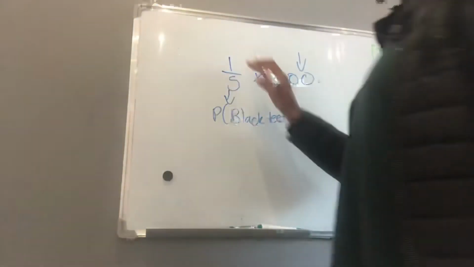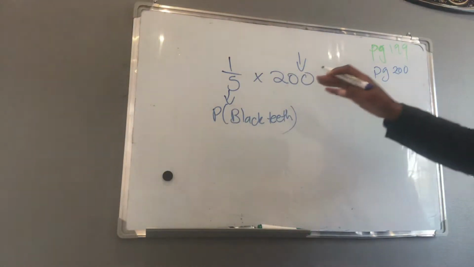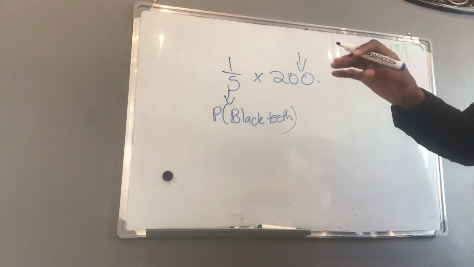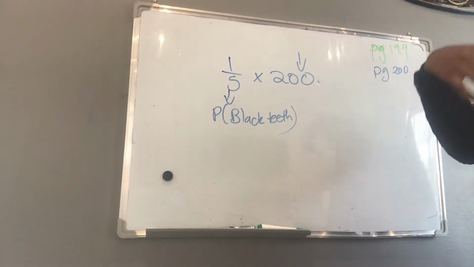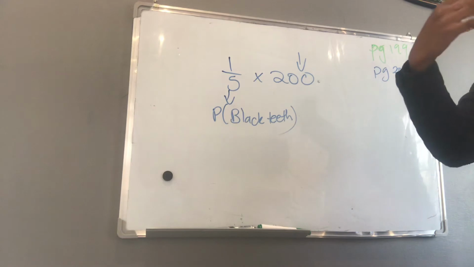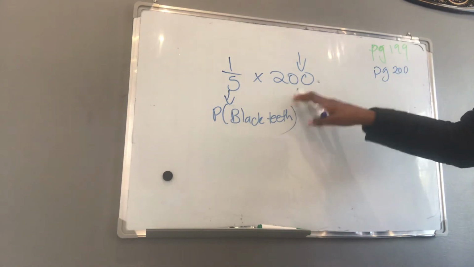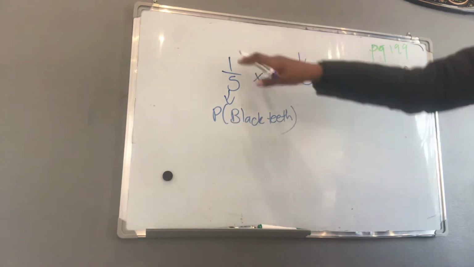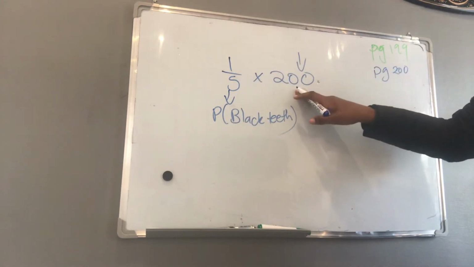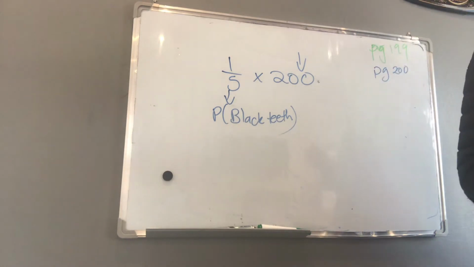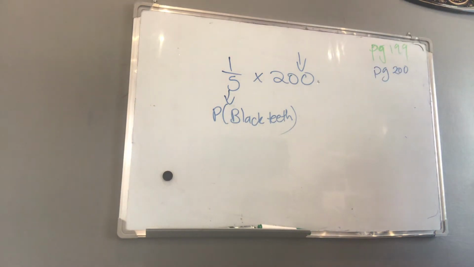So this is using our probability to predict the number of people who will have black teeth after using the new toothpaste. We can predict it by just saying 1/5 of the population being tested will have black teeth, according to the previous probability provided.